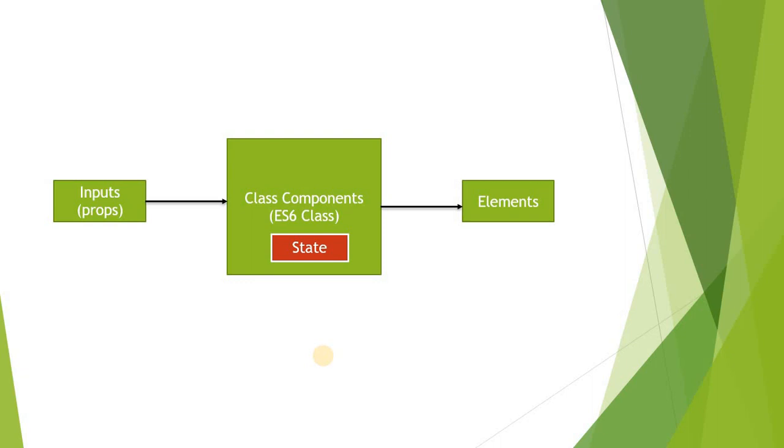So basically, a functional component can take input as properties, but a class component can have its own state, which means it can contain some information which is private to that component and used to describe the user interface.